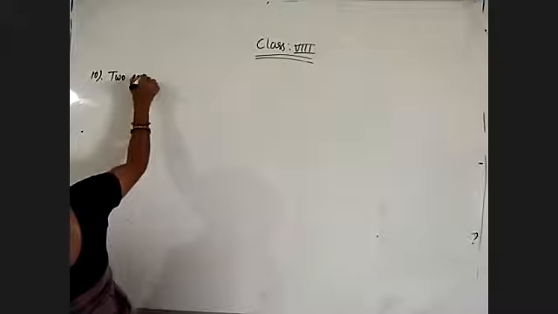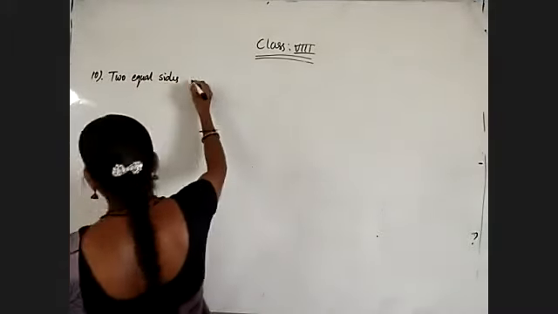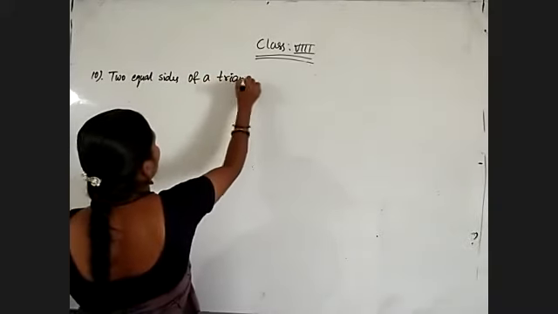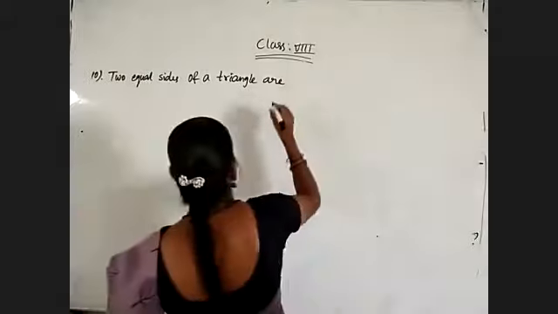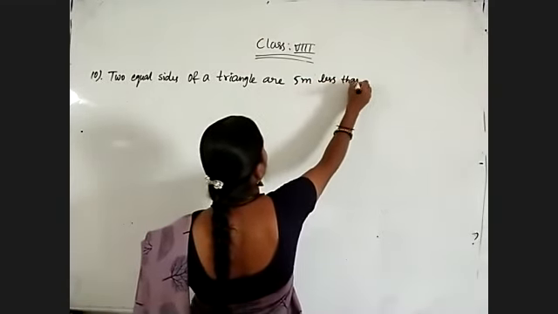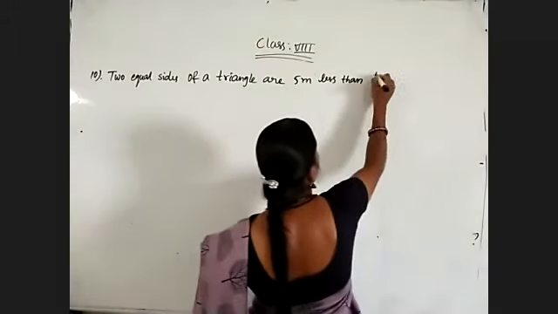Two equal sides of a triangle are 5 meters less than twice the third side.